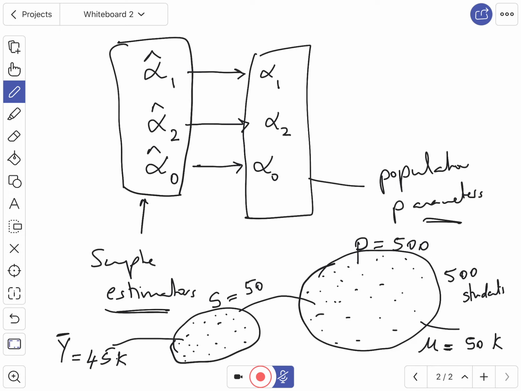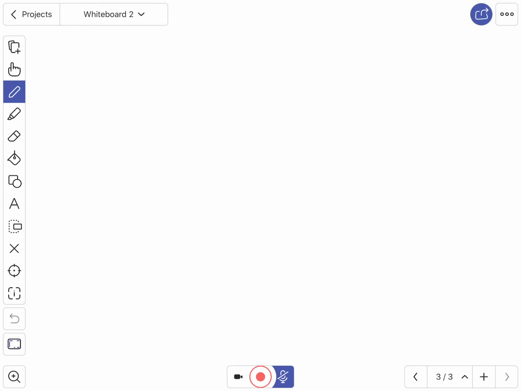So by the end of the day, you will have something like this. Y bar is my sample mean, mu y is my population mean. You want this sample mean to be as close as possible to this population mean.